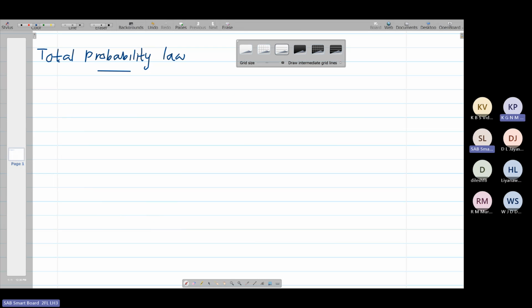This concept, total probability law and the Bayes theorem, normally we can discuss at once.